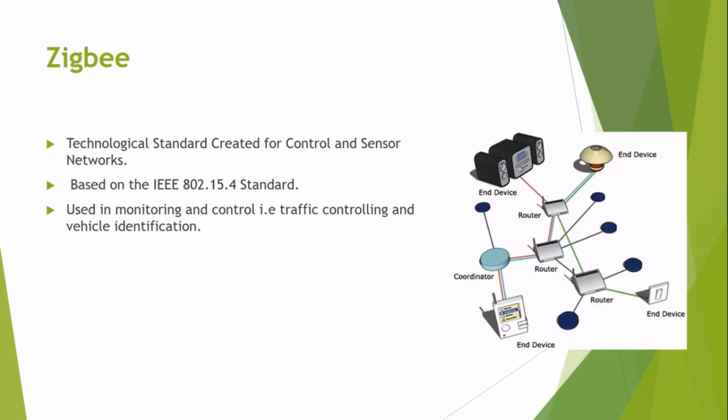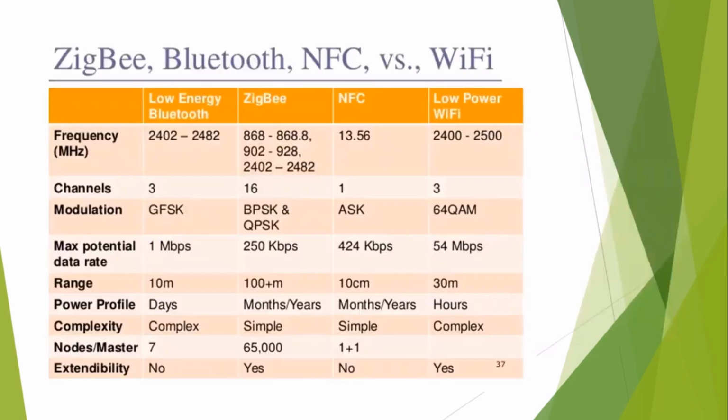Here you can see the graph to identify what Zigbee is. It integrates routers and end devices. Like that, you can use Zigbee for traffic controlling and vehicle identification solutions.